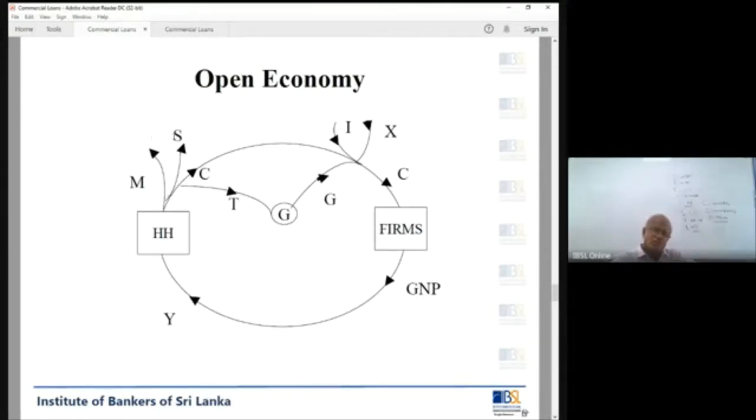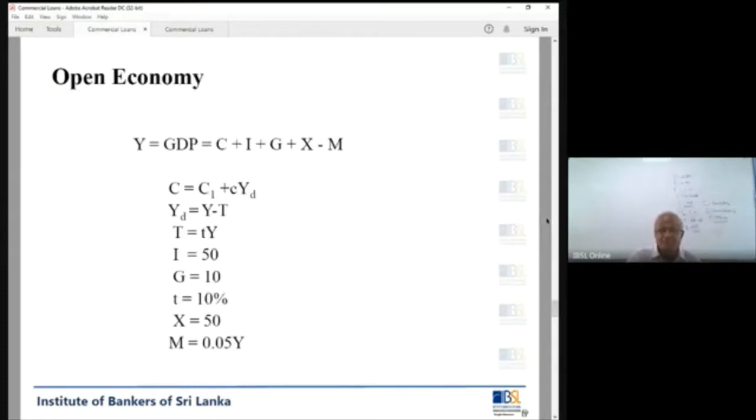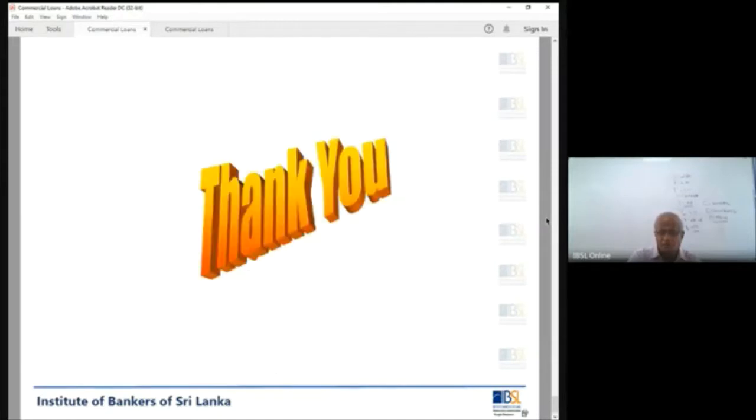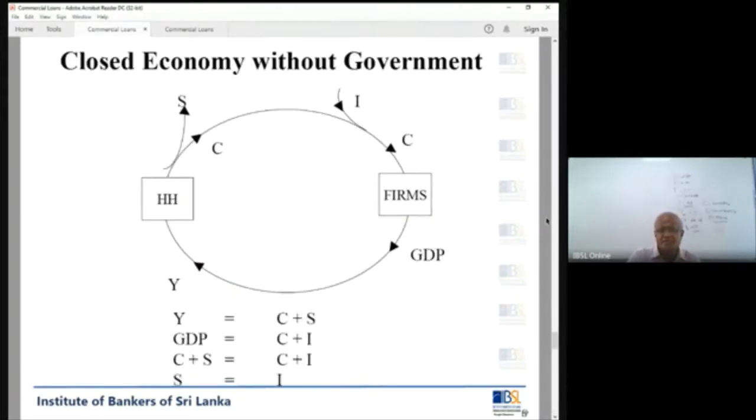Imports 0.05Y. Savings, when you know consumption 395.60, taxes calculated 48, imports you can calculate, savings. Like that, this national income identity model can be balanced. Right? Okay.